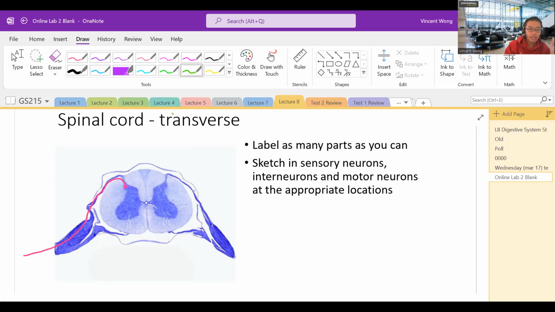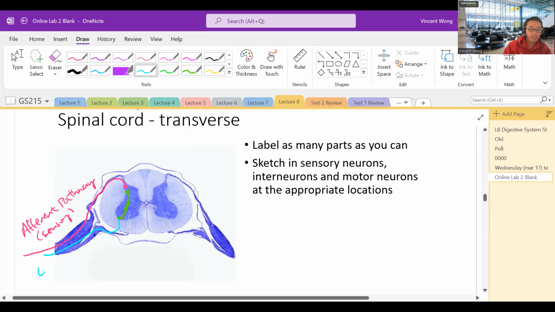There's gonna be an interneuron here in the gray matter, the butterfly. And then the action will get sent out from the front, right? So this is the afferent pathway. Right? Sensory information.